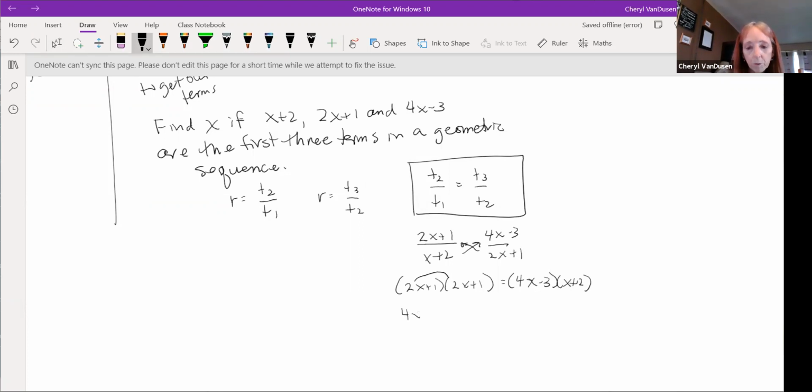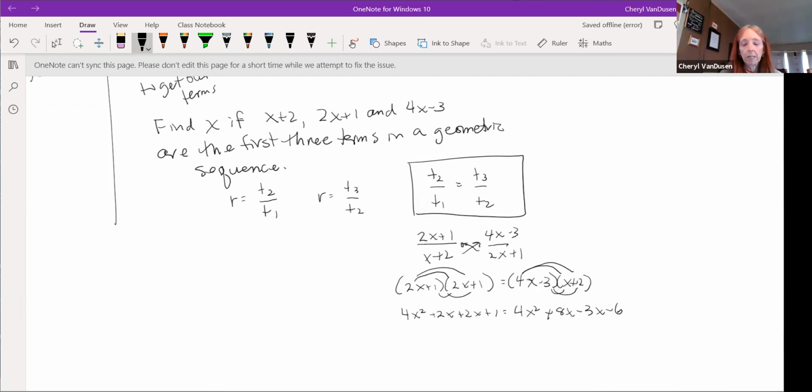So this becomes 4x squared plus 2x plus 2x plus 1. And then we get 4x squared plus 8x minus 3x minus 6. Now, lucky for us, the 4x squareds on both sides cancel, which is beautiful. And so we can collect like terms. We get 4x plus 1 and 5x minus 6.